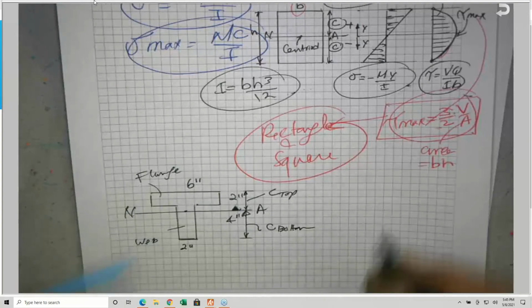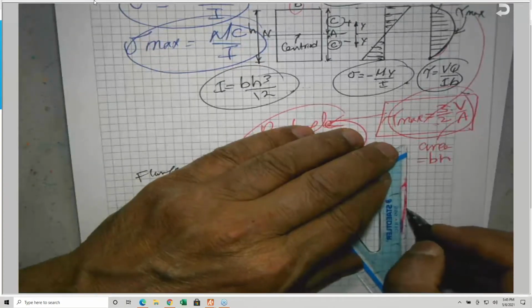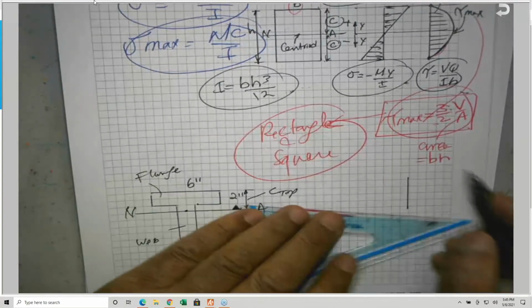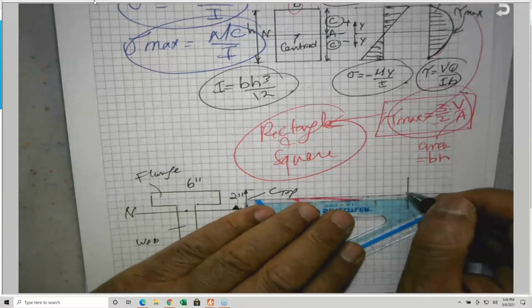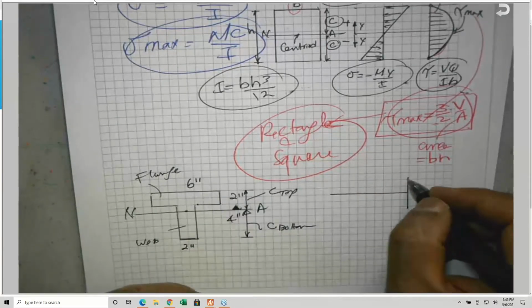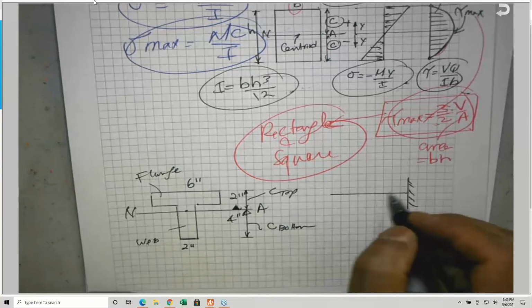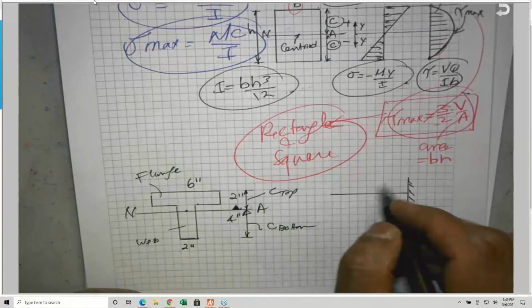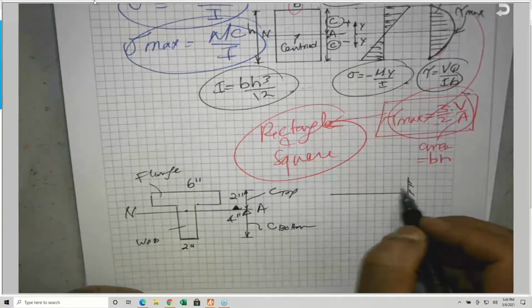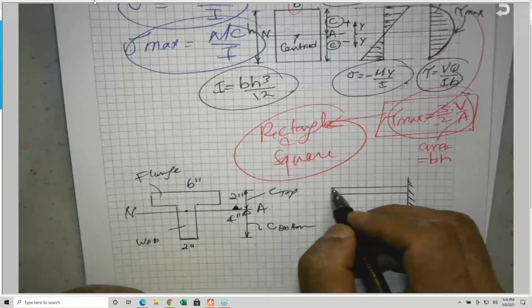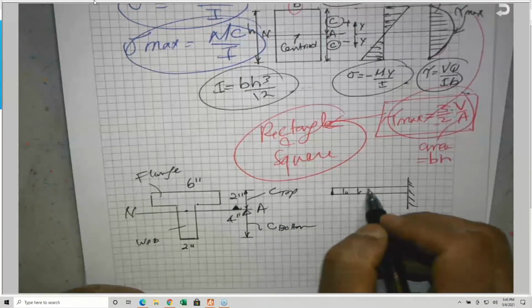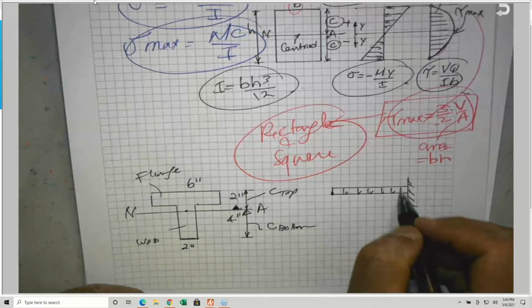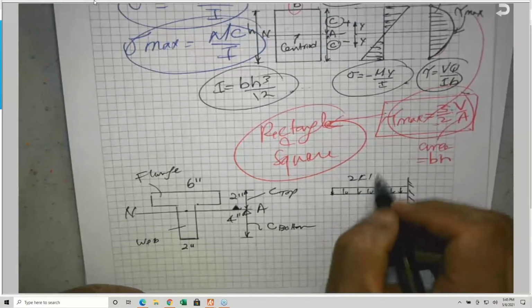Since this is a cantilever beam, we know the bending moment for a cantilever beam. It doesn't matter if it is a distributed load or a concentrated load. In this case, distributed load, I have 2 kips per linear foot.